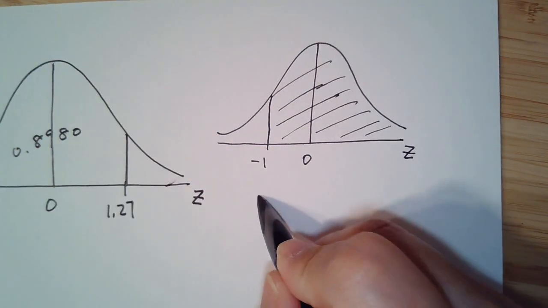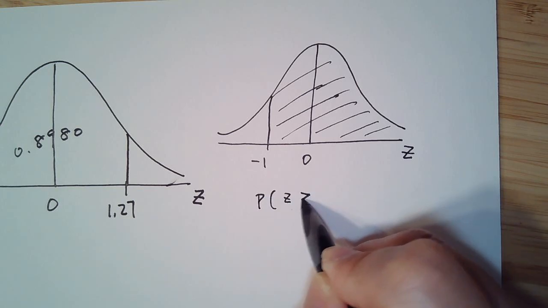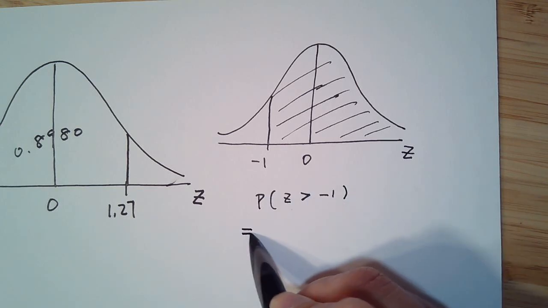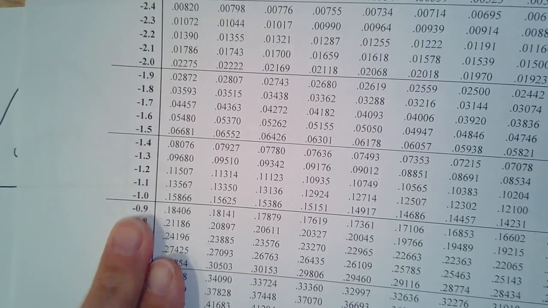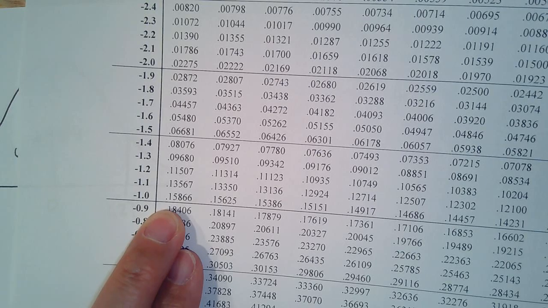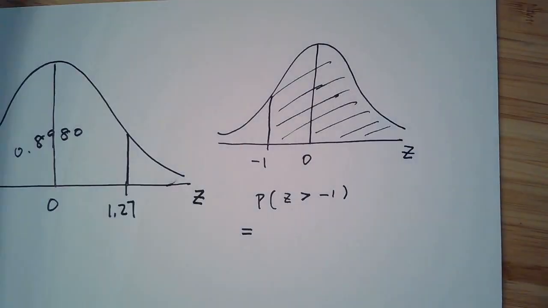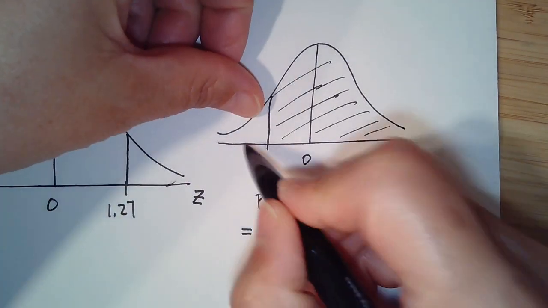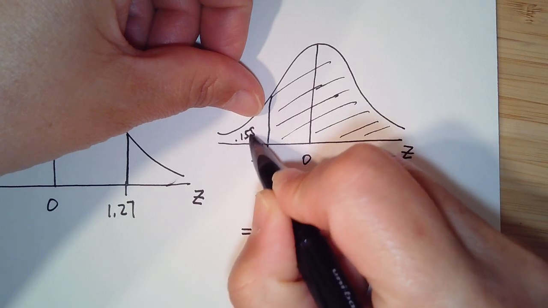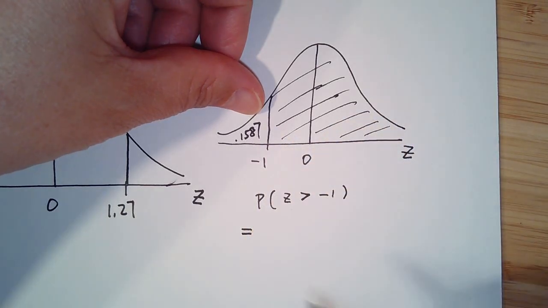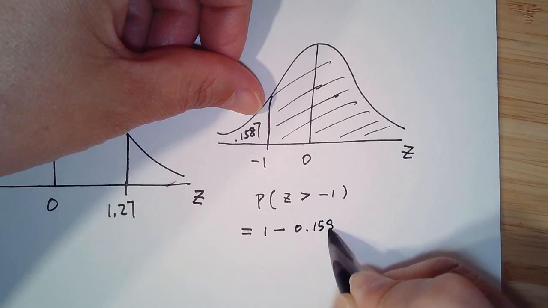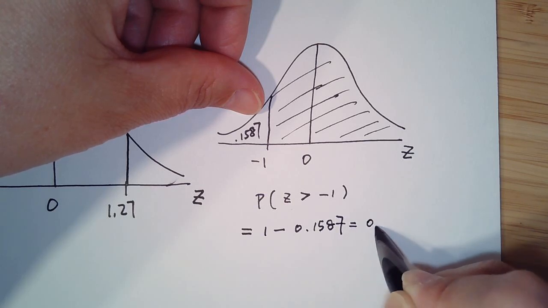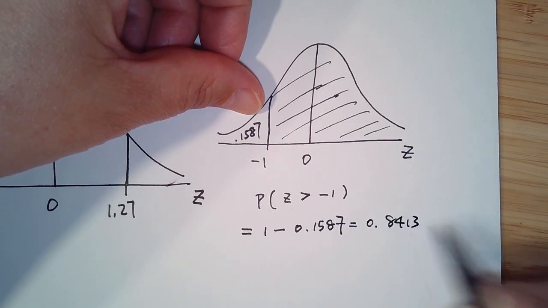So either way, the probability that z is greater than -1, that is when z is -1.00, it's going to be 0.1587. Of course, if you like, you can always mark it there. So it's going to be 1 minus 0.1587, so it's going to be 0.8413.